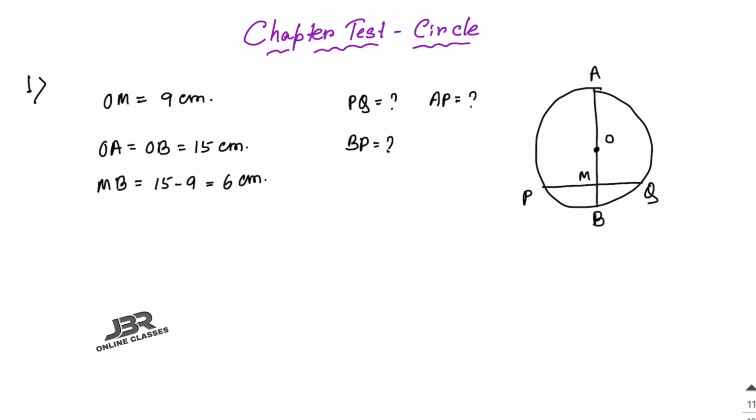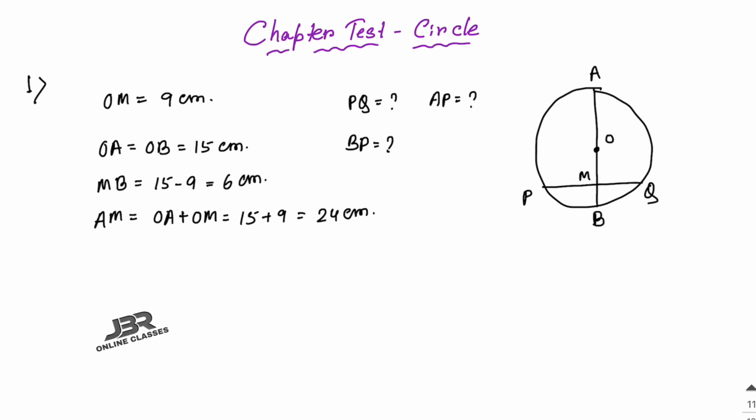Here AM means OA plus OM, so you can easily find AM, that is 15 plus 9, equal to 24 centimeter.